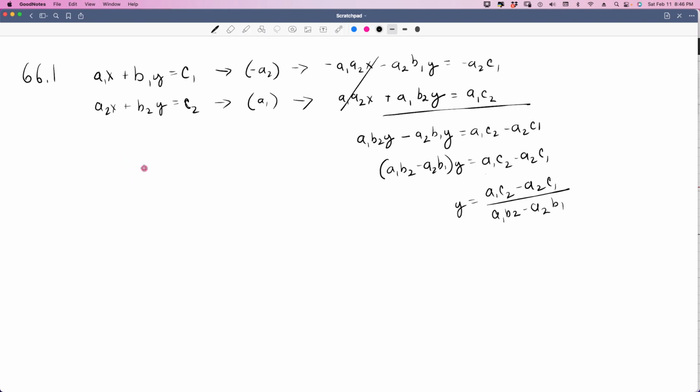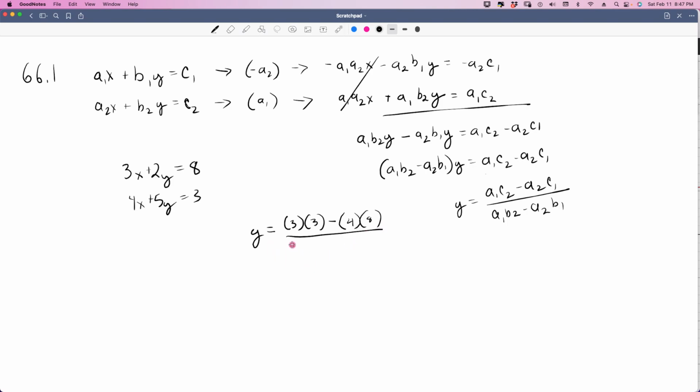So if we go back to our system, the same system that we used earlier, we can get our values. So y is going to be equal to, our a1 value is 3, our c2 value is 3, minus our a2 value is 4, and our c1 value is 8.